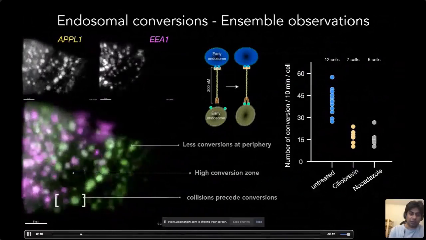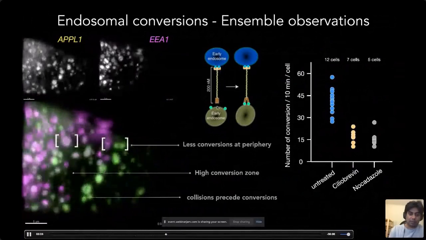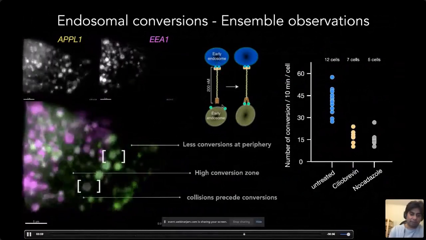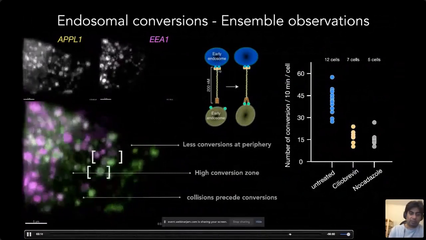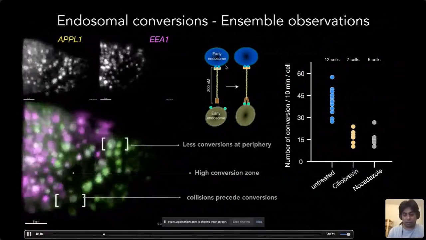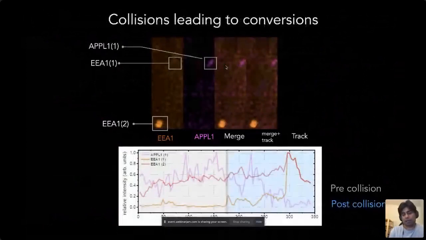Also, EEA1 is a head-to-head dimer, so it is bivalent at both sides. The specialty about these domains is that both of them bind to RAB5, except that the C-terminal domain can also bind to PI(3,4)P2, and I'll come more into that later in the talk. So here's what I mean by what's happening in the collisions and the fact that collisions are significant for conversions.